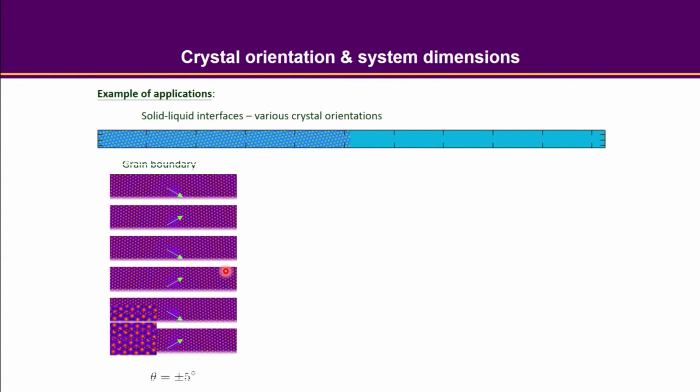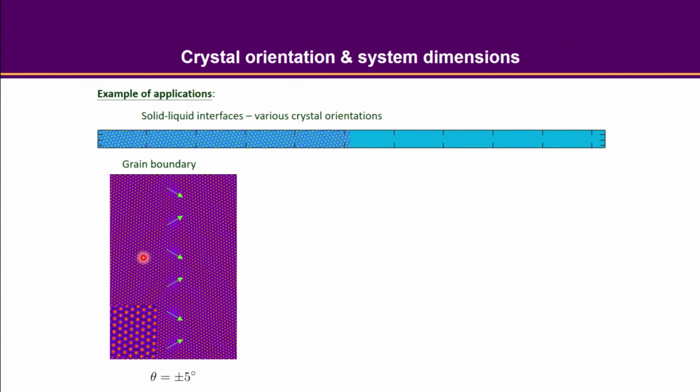So that's one of the applications. You can also set up a grain boundary, because now you know how to fit a certain crystal of some misorientation in one box, right? So now you just prepare exactly the same two boxes, but for one side of the box, you stack in the lattice rotated by positive theta degrees, and the other will be negative theta.